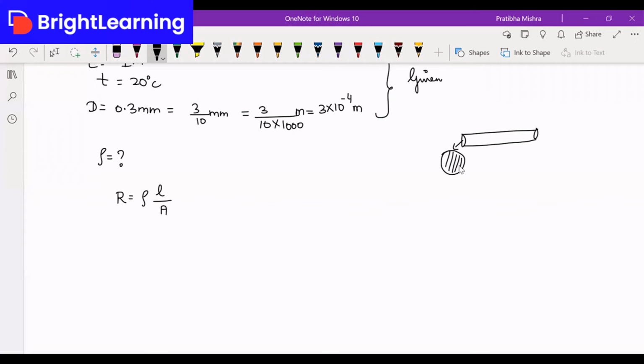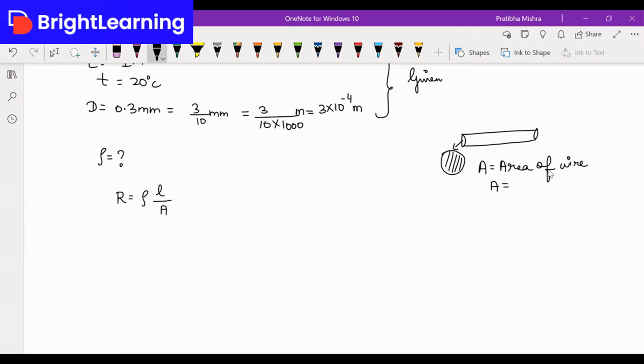Since you have the diameter, you can also take pi d square. Anything is fine, whatever is easy, you can take it up. Anything that you like. So let's understand it. A is the area of the wire. Let's find out the area first. Who will tell me how you will find the area?